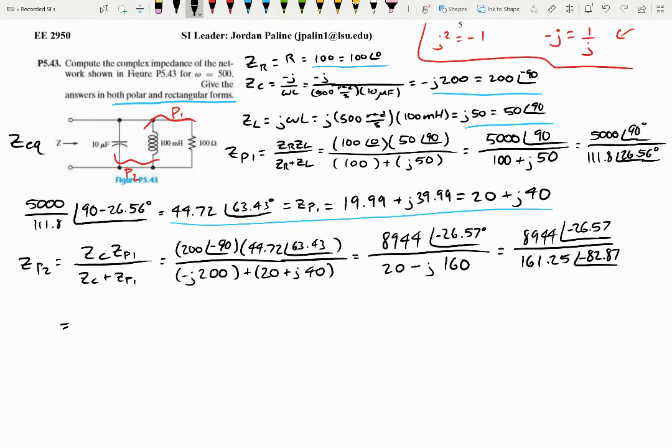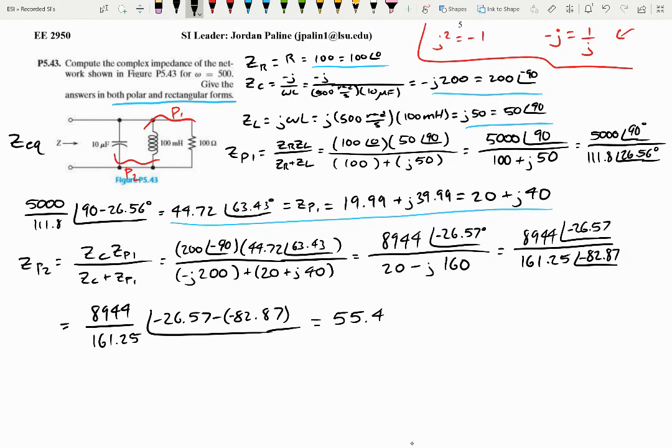Now we'll take those two values: 8944 divided by 161.25 gives us 55.466, and the angle is negative 26.57 minus negative 82.87, which gives us 56.3 degrees.